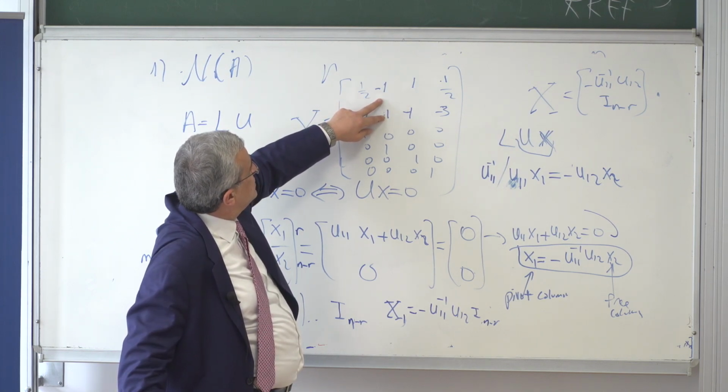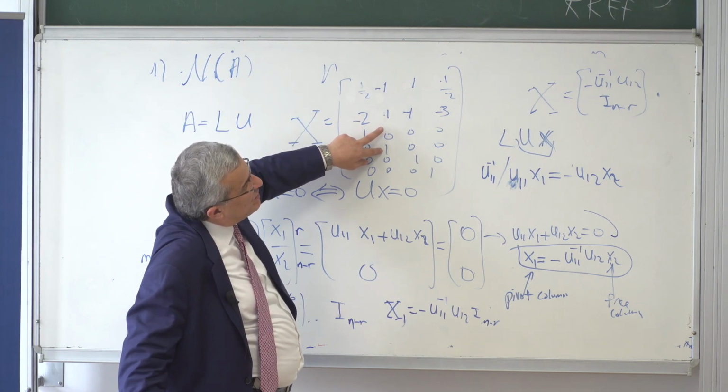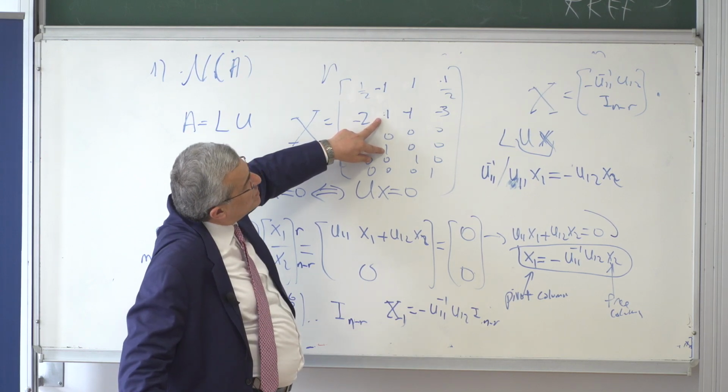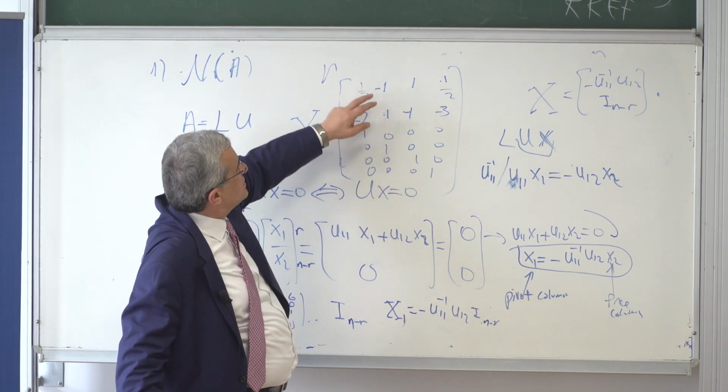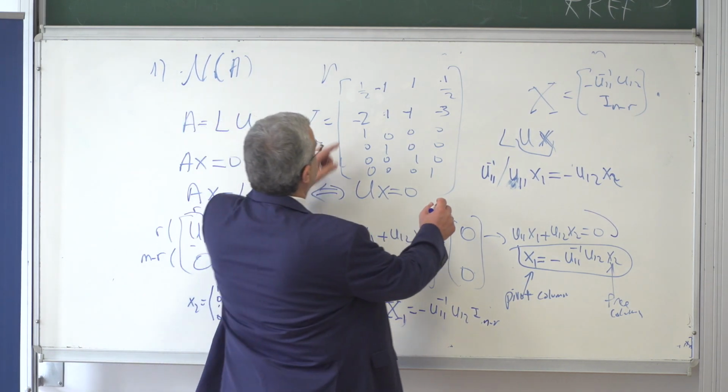Running sum is -1. Okay, then 0 times 1. Then you have 1 times 1. Or what did happen here? Okay, let me write it.